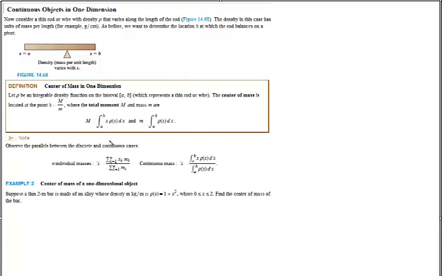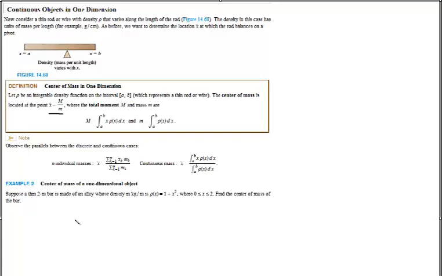This capital M we're going to call moment, and our moment is going to be equal to the integral of x times that density equation with respect to x, and our mass is going to be the integral of that density equation with respect to x with those limits. And in order to find the center of mass, which is our x bar, it's going to be our moment divided by that mass.